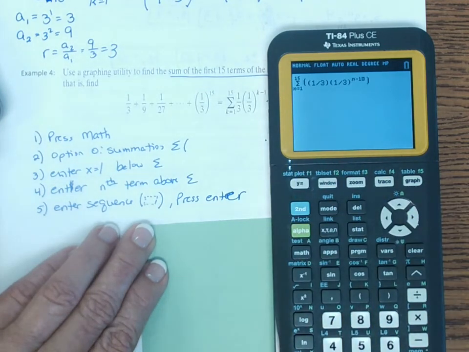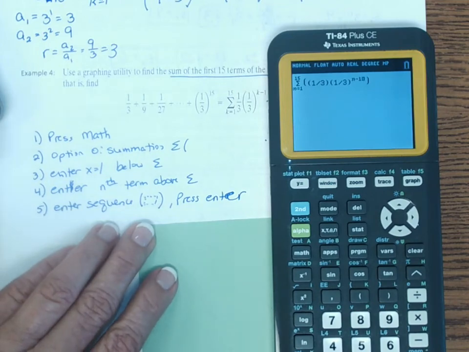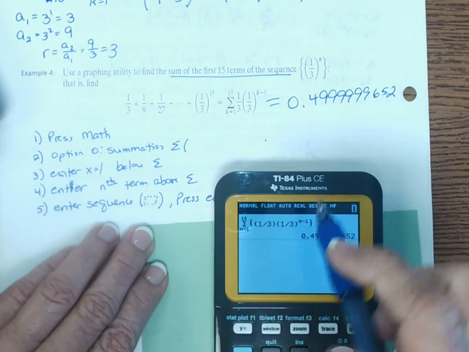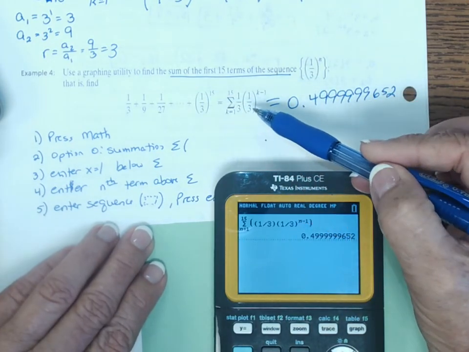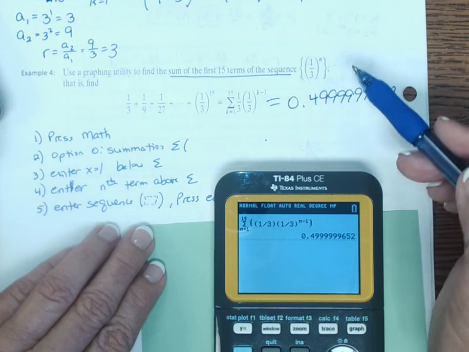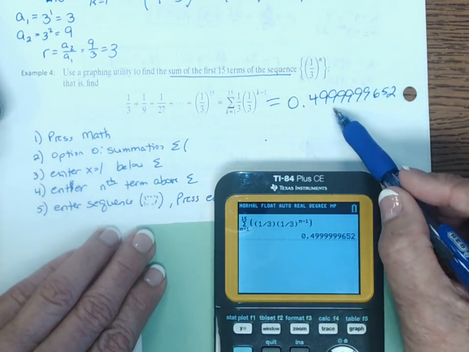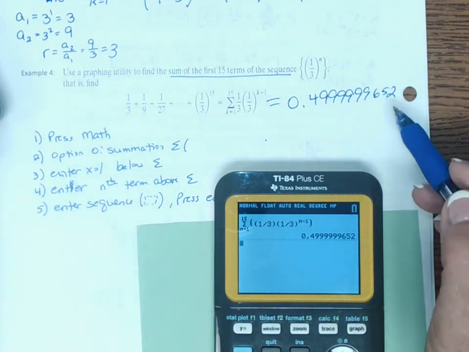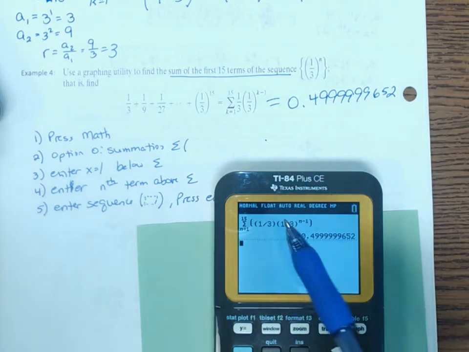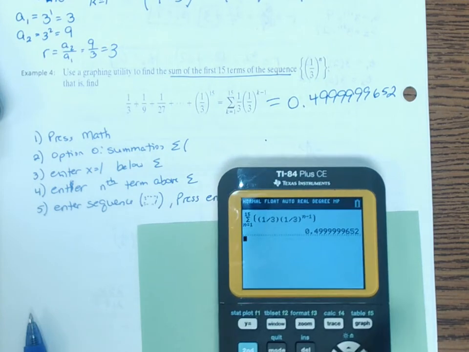So that's my sequence entered there, and I'm asking the calculator to add all these together for me. I press enter, and there is my value. So the sum of the first 15 terms of this sequence defined as 1/3 raised to the n power is 0.499999652.